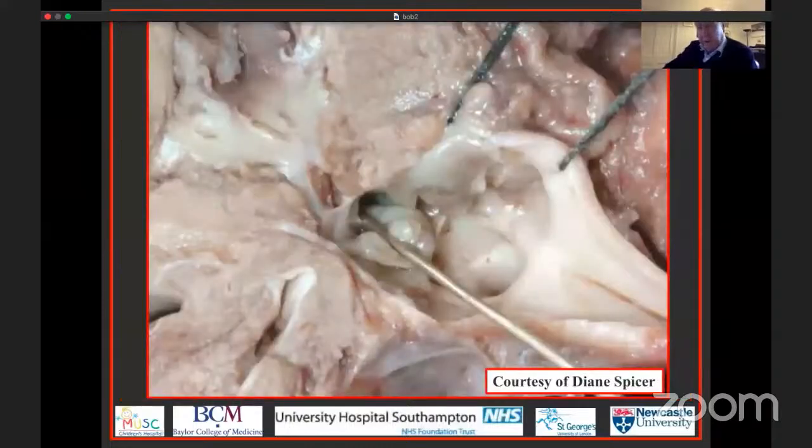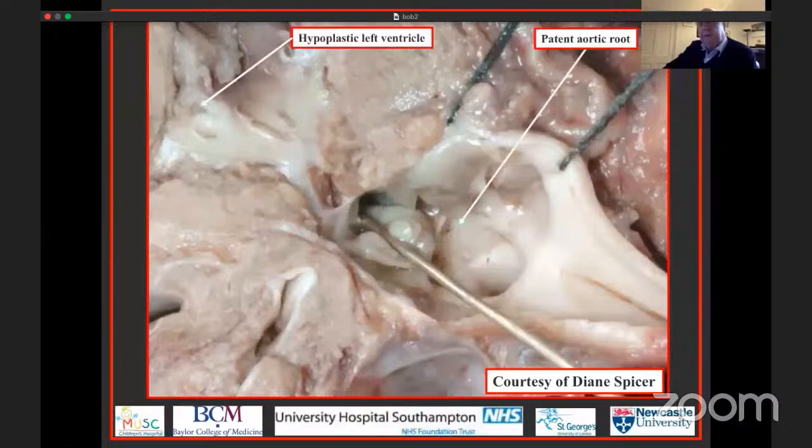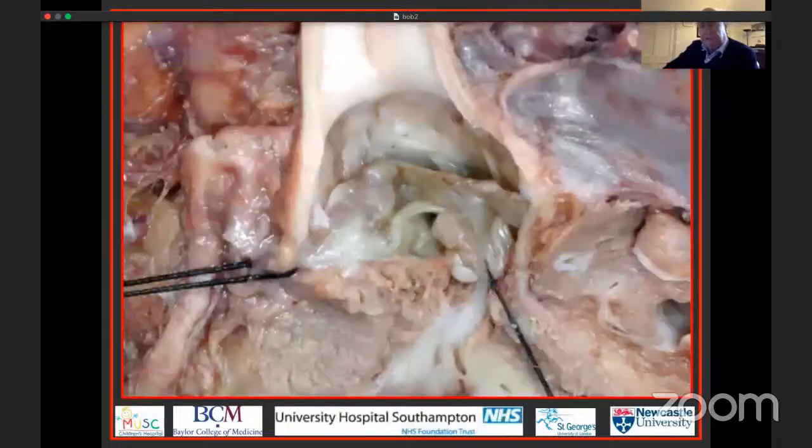Now Diane has closed up here on the ventricular arterial junction. There you see the hypoplastic left ventricle, the patent aortic root, and the key now is that there is a restrictive perimembranous ventricular septal defect.